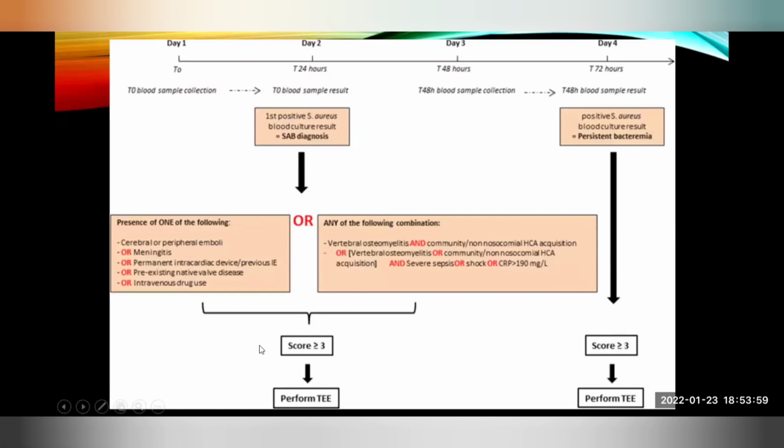Next, you will have to look for the risk factors, which is nothing but the VIRSTA scoring, and if the score is 3 or more, perform TEE. This is one way. Other, the patient is having persistent bacteremia. As I have shown, persistent bacteremia has a score of 3 by itself. So if the patient is having persistent bacteremia, again you will have to do TEE to rule out endocarditis.